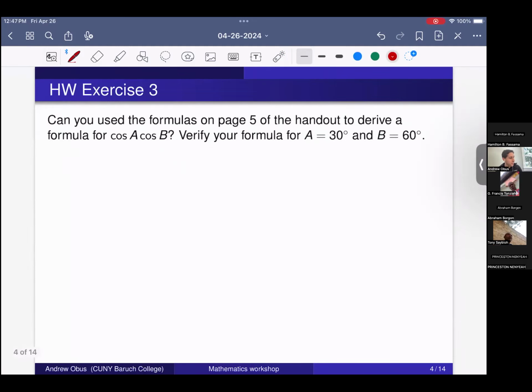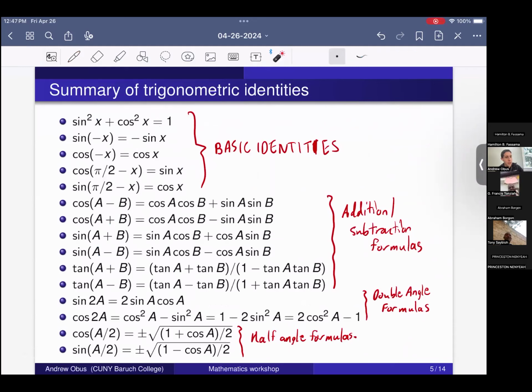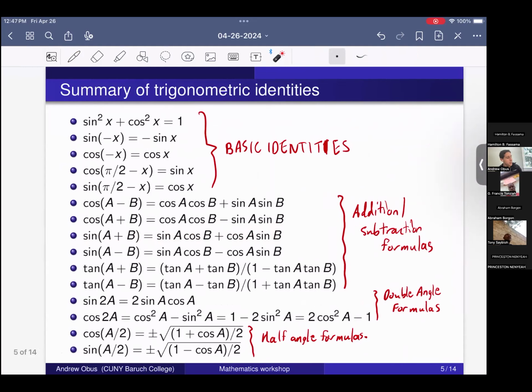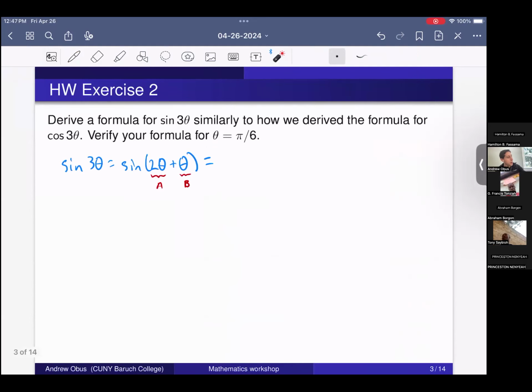Well, we can look it up, right? So sine of a plus b here is sine a cosine b plus cosine a sine b, right? So we'll have to plug in that formula to write it down. So this is sine of 2 theta cosine theta plus cosine of 2 theta sine of theta.